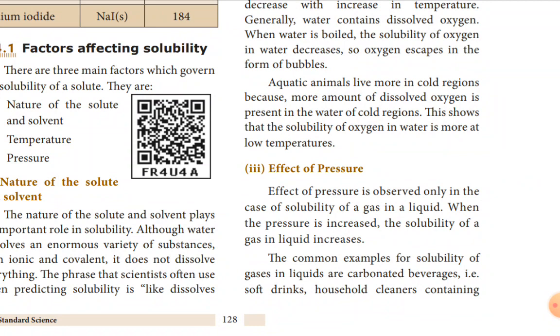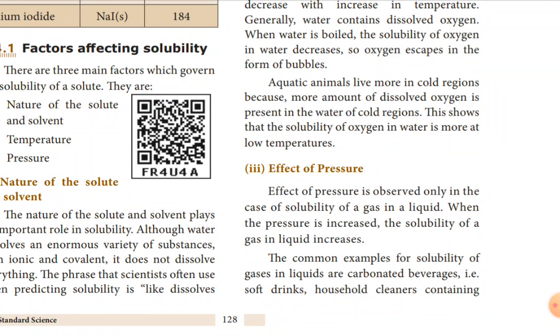When the pressure is increased, solubility of gas also increases. Pressure is directly proportional to the dissolution of gas. Increase of pressure, increase of solubility. The common example for solubility of gas in liquids is carbonated beverages.